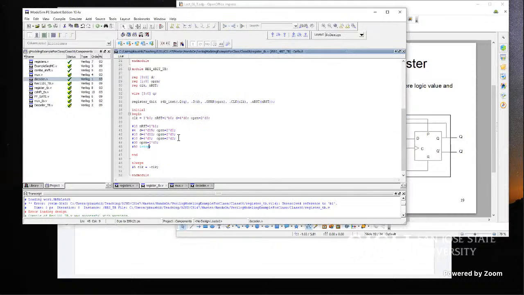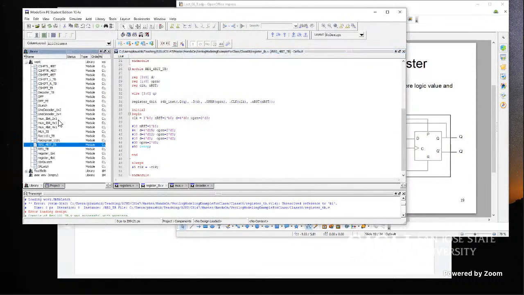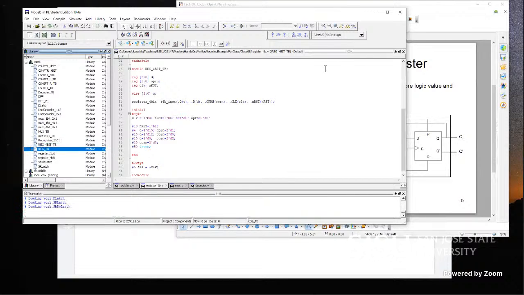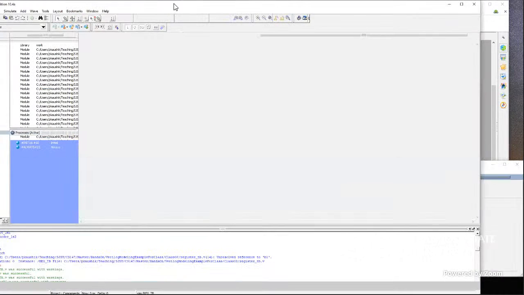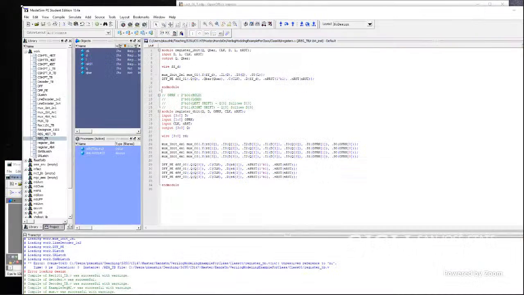Now let's run this. I already pre-compiled this, and let's load this into action. Here is the register test bench.